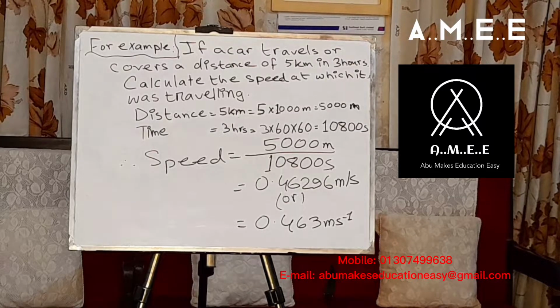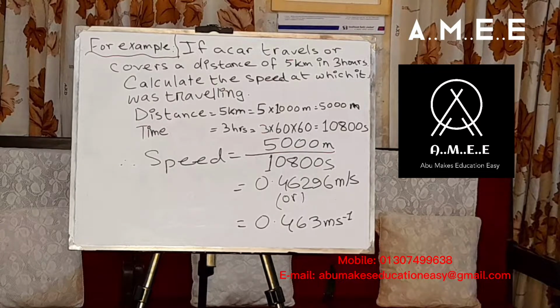If the question asks you to find the answer in kilometer per hour, then you don't need to convert the distance and the time into their SI units. If it doesn't, then you have to convert to the SI units.